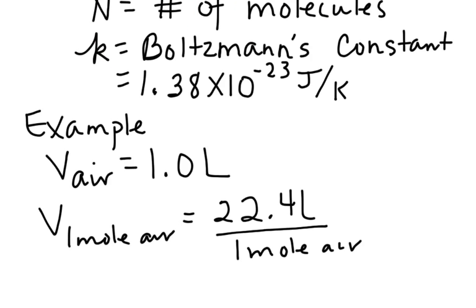So we know that using standard temperature and pressure, the volume of 1 mole of air has a value of 22.4 liters. So 22.4 liters of air is equivalent to 1 mole of air. Now if we breathe in 1 liter of air, how many moles of air are we breathing in?